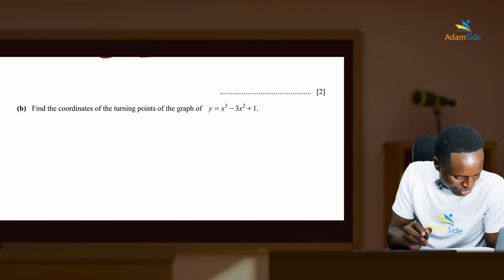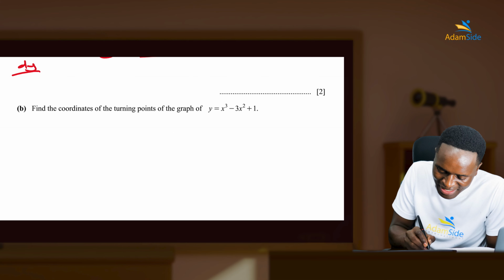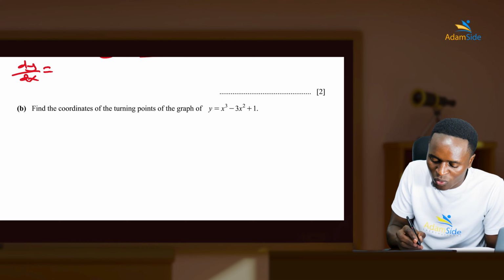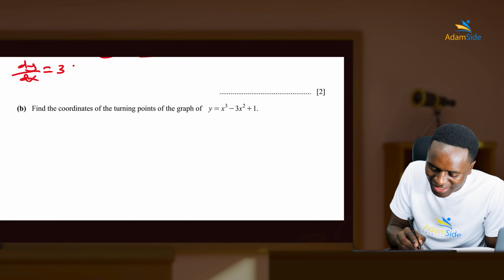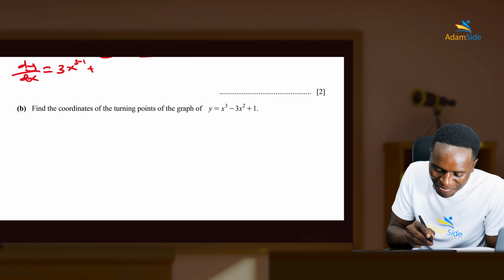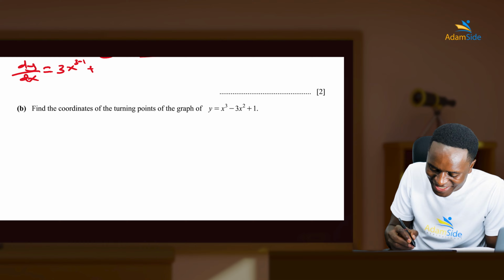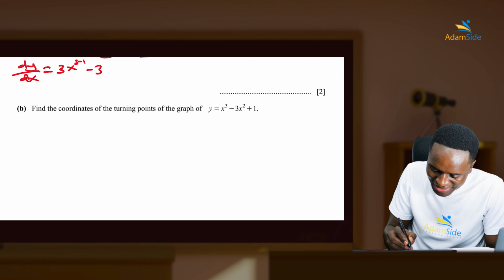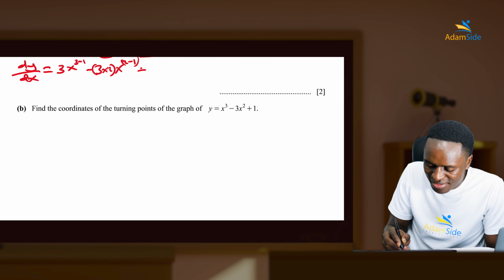So dy dx of our polynomial expression will be 3x, then 3 minus 1, minus 3 times 2, then x, 2 minus 1, then plus 0.